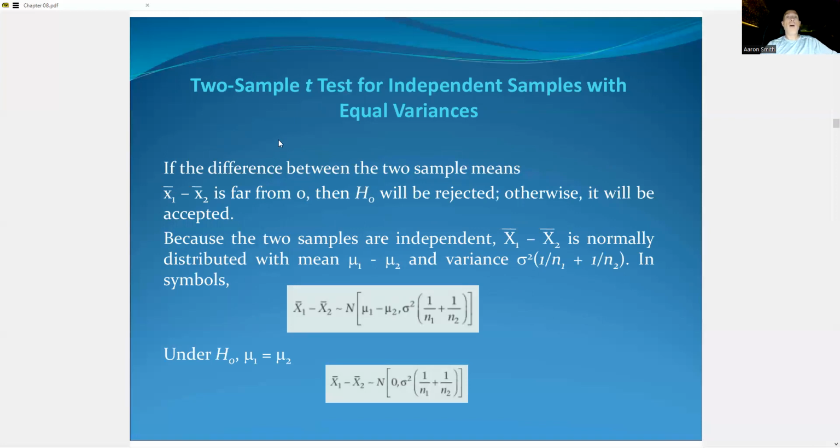Okay, so now we're going to step into the realm where I have two different samples, and I don't have a connecting aspect between them. In the previous study, I had the same woman before and after she started taking oral contraceptive.